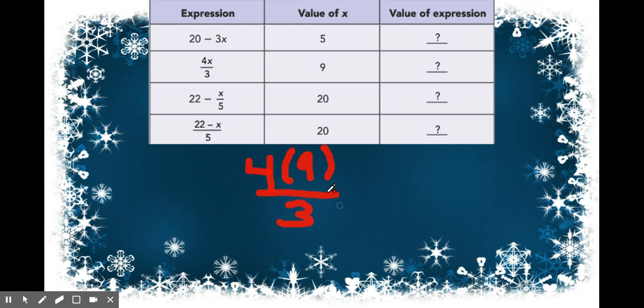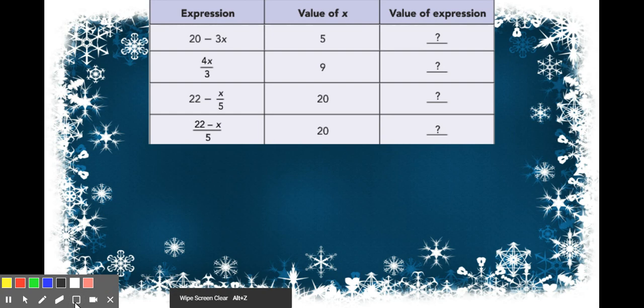If there were any operations in the denominator, I need to make sure I solve those before I can divide. Since I have an operation in the numerator, I need to do that first. So I have 4 times 9, that gives me 36 over 3. Now I can do 36 divided by 3, and I have 12.